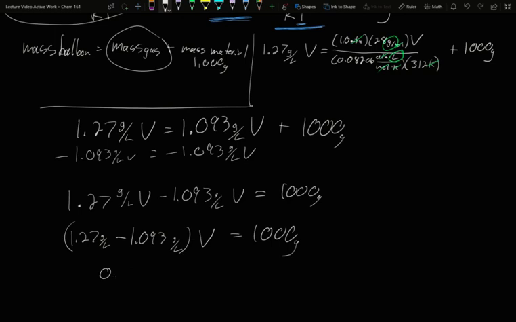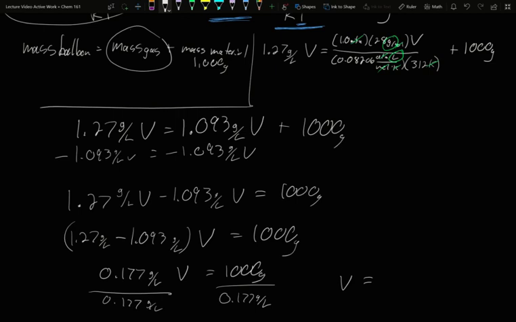And what we'll find is 0.177 grams per liter times volume equals 1,000 grams. Divide by 0.177 grams per liter on both sides to get volume on its own. What we will find is that volume equals, our grams are going to cancel, 1,000 divided by 0.177 is 5,650 liters.